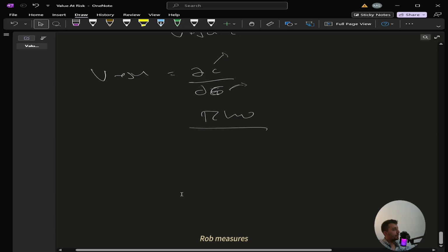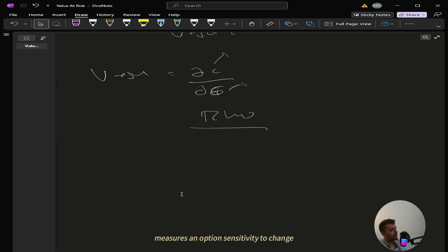Another one is rho. Rho measures an option's sensitivity to a change in the risk-free rate.